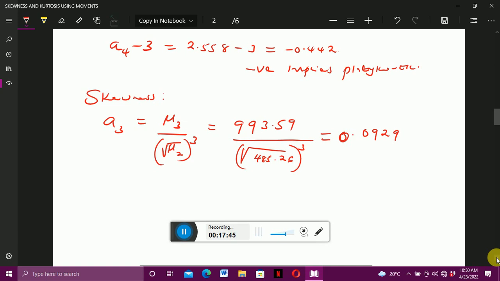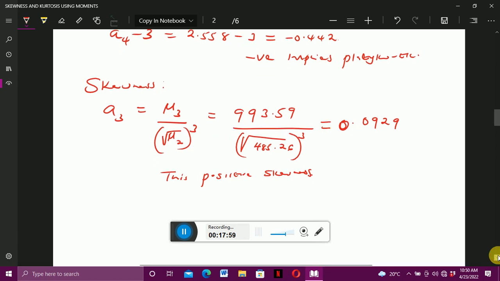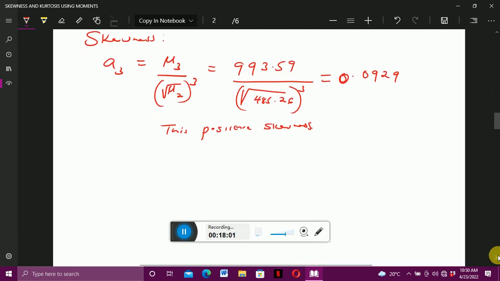Already this is a positive figure. So this is positive skewness. So what does this mean? The distribution of marks has a long tail to the right.